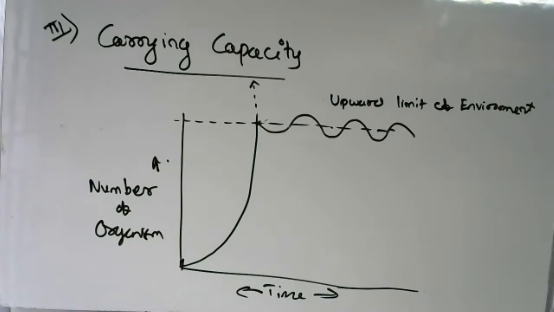Next, refer the graph you wrote. As shown in the graph, the exponentially increasing growth curve begins to come down.